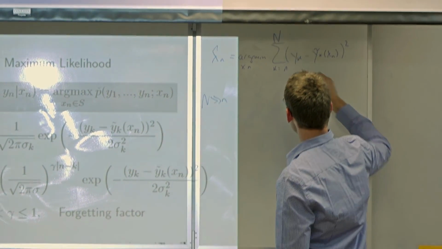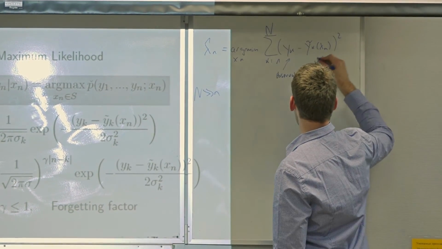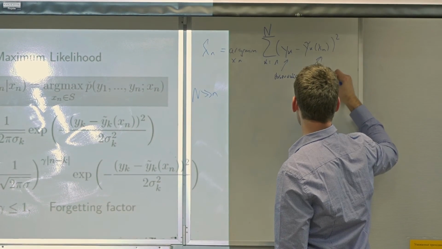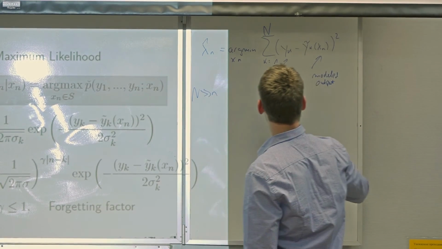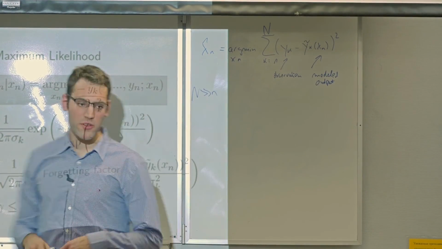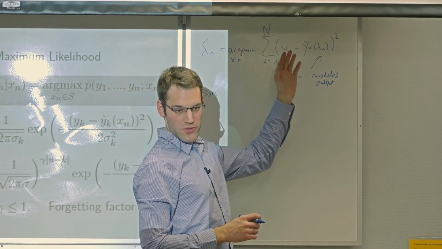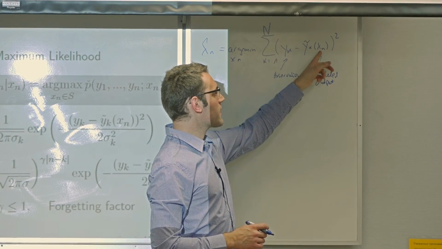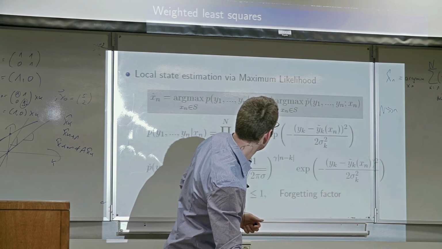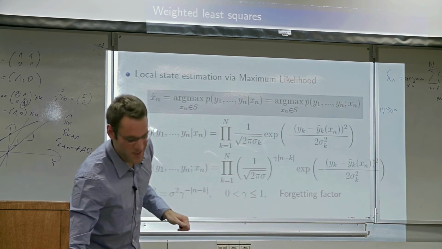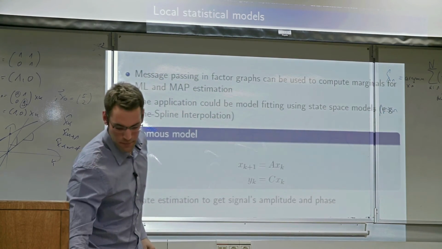So this is my observation, and this is my modeled output. But probably divided by sigma k squared. For the moment, not yet, but this one would weight all inputs equally. And this one is basically xn. My y depends on xn because when I fix one of the states, deterministically all the others have to be the same.